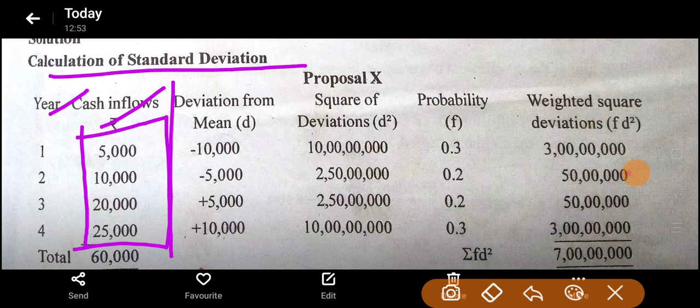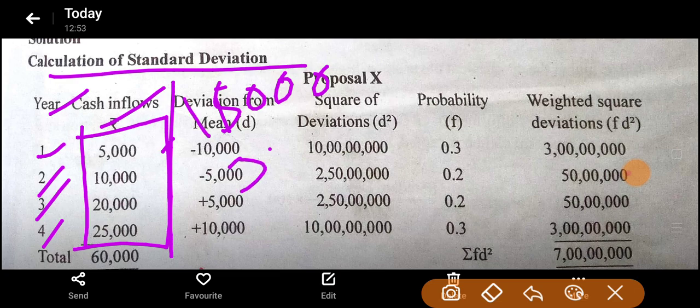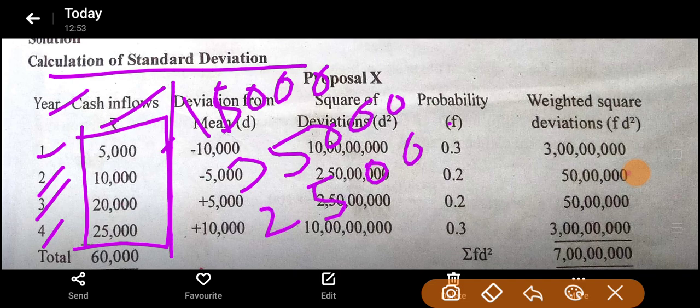Here you can see 4 years of inflows are there. When we add all the inflows one by one, 5,000 plus 10,000 will be 15,000. 15,000 plus 20,000 is 35,000. 35,000 plus 25,000 will be 60,000.